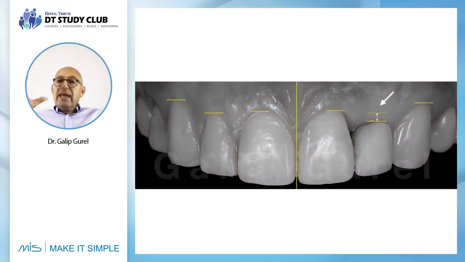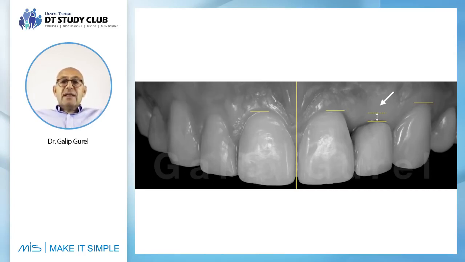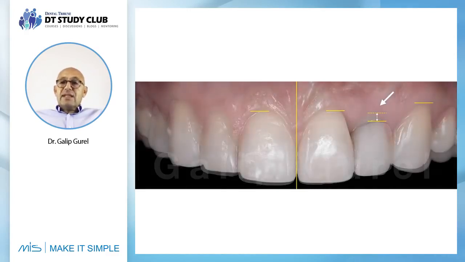And this is the extra space we gained when we compare this to this lateral. So this is the bone we had, and simple enough, this is the final result.